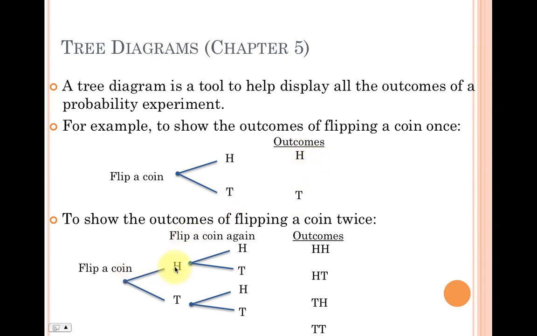Here, when we flip the coin twice, we have 2 raised to the second power. 2 to the second is 4, and so we have 1, 2, 3, 4 outcomes. If we flip the coin a third time, we would have 2 to the third, or 8, and there would be 8 outcomes in the last column.